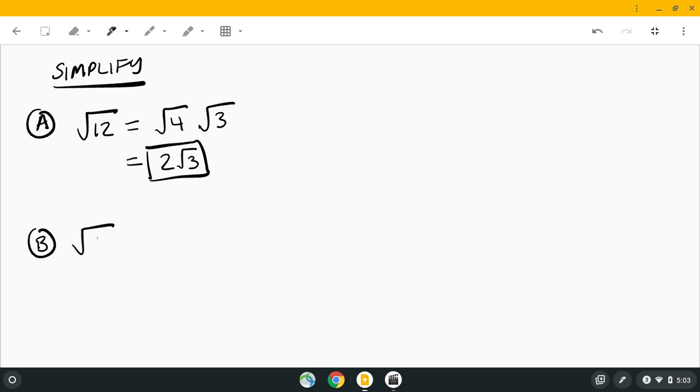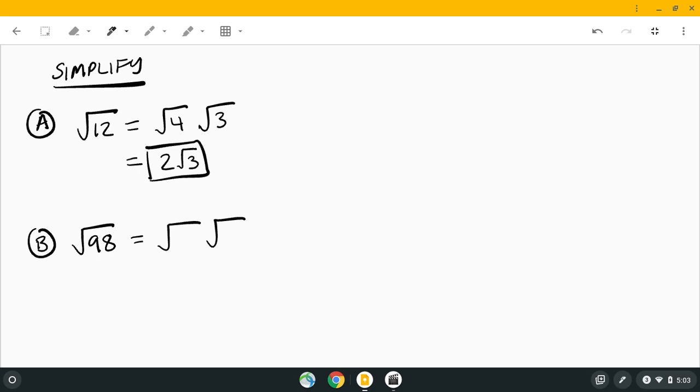Let's take a look at square root 98. Okay. Again, 98 is not a perfect square, but we could split this up. Okay. So we could split this up using two numbers where one of them is a perfect square. Okay.